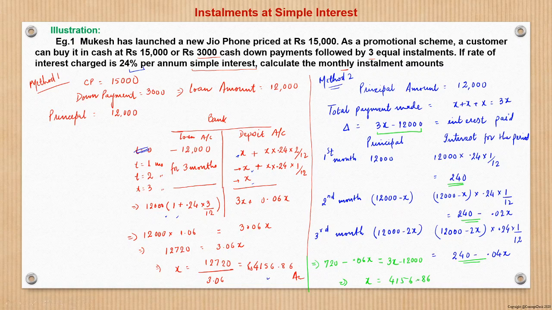So this is also a method to solve. What we did: we calculated the total interest paid during the period of the installment payments, then we calculated the actual interest paid on the outstanding principal during each month, and then we equated the two, right? So this way we can solve this.